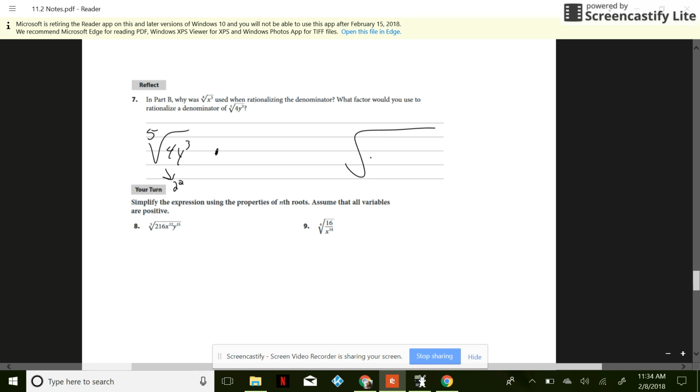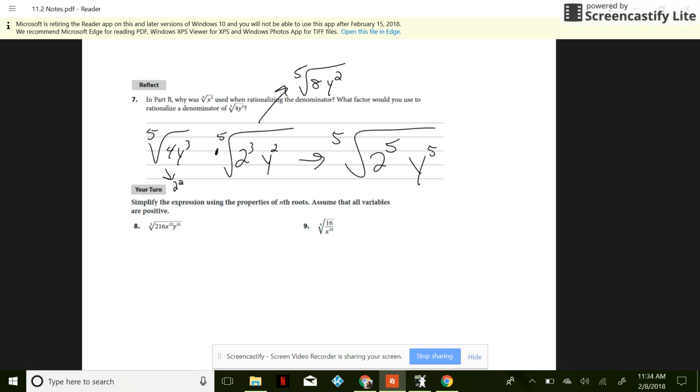Essentially what we want then is 2 to the 5th and then y to the 5th. That way, those will reduce easily for us. So if we've got 2 squared, we'll need to then multiply by 2 cubed. We've got y cubed, so we'll need to multiply by y squared. So essentially, we'll want to multiply by the 5th root of 8y squared, because that will get us to a denominator that we can simplify, that we can rationalize.